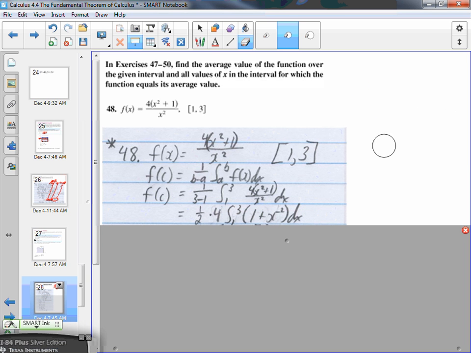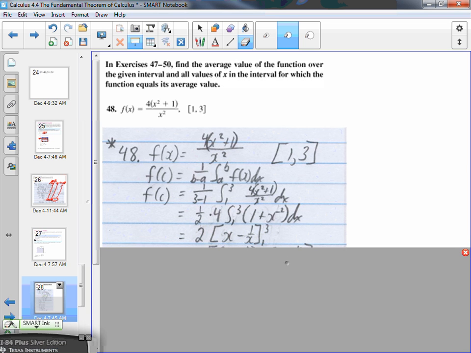All right? Now, according to the fundamental theorem of calculus, that definite integral is going to be the antiderivative evaluated from 1 to 3. It's going to be the antiderivative evaluated at 3 minus the antiderivative evaluated at 1. So it's going to be integral sign, 1/2 times 4 is 2. And now, what's the antiderivative?